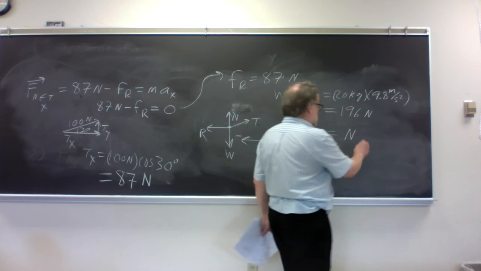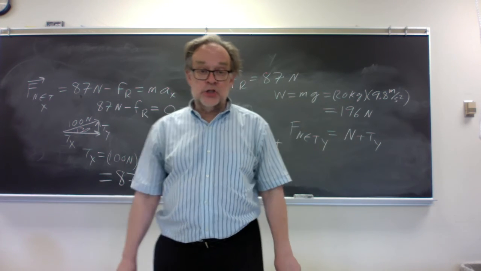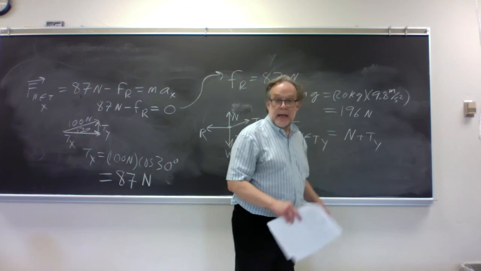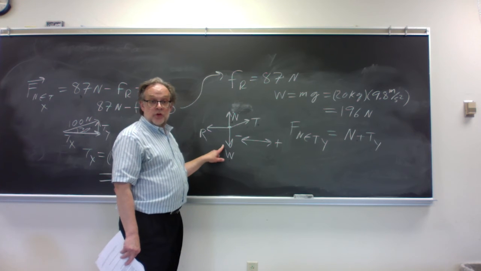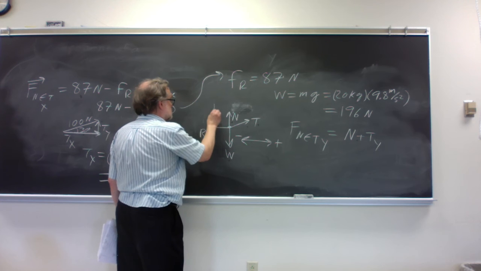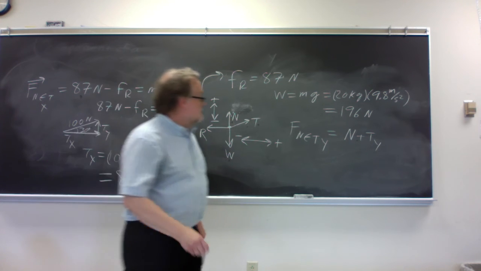We'll just, for the moment, call it the y component of tension, which is pulling in the positive y direction. Positive force, so you add it in. And then the one force in the negative y direction is the weight.